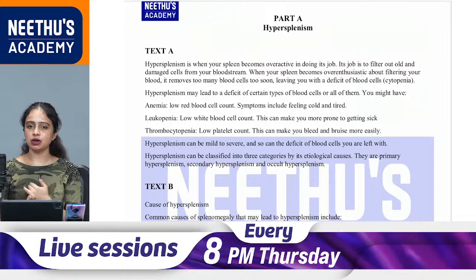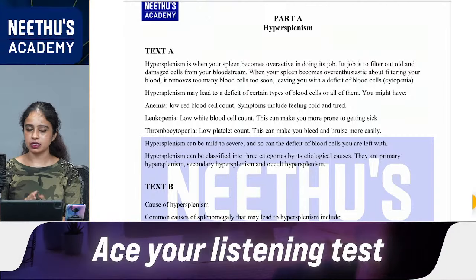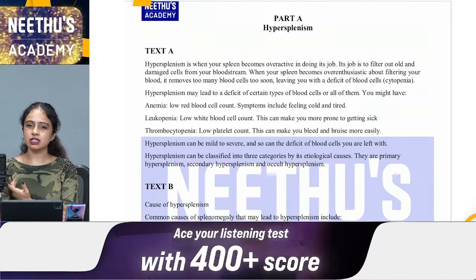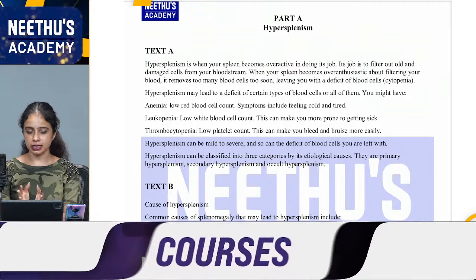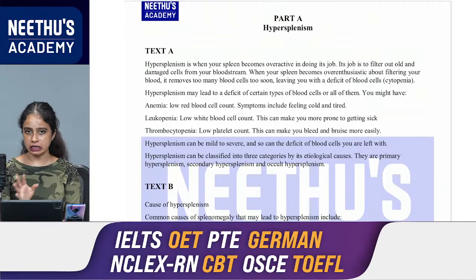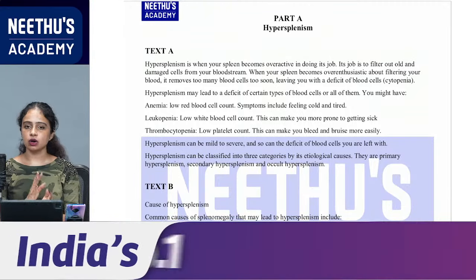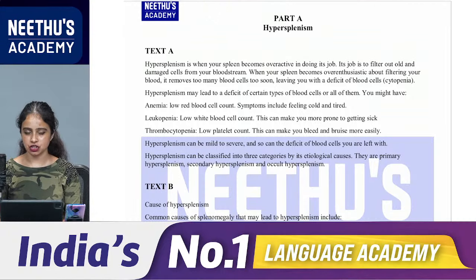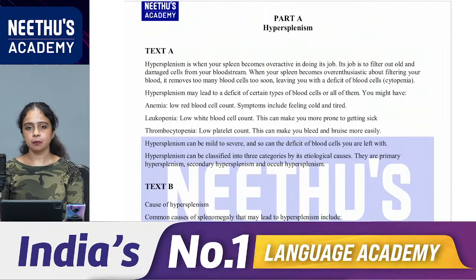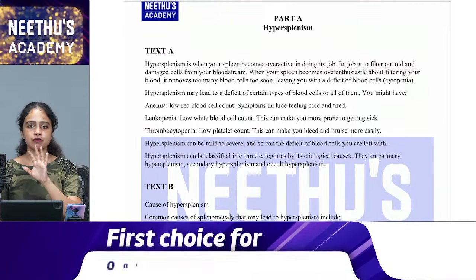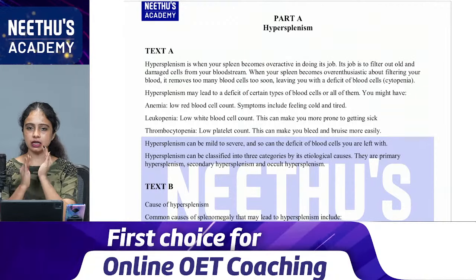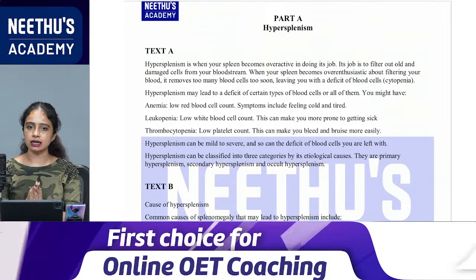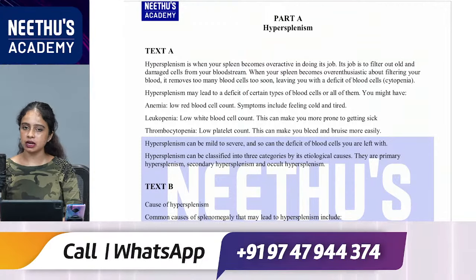Then the eleventh one, the words that indicate research: study, population, percentage, prevalence, administration. All words related to research. Then the next one, you don't have to mark it, but give special focus to the first and last line of each and every paragraph, as well as all the bullet points.